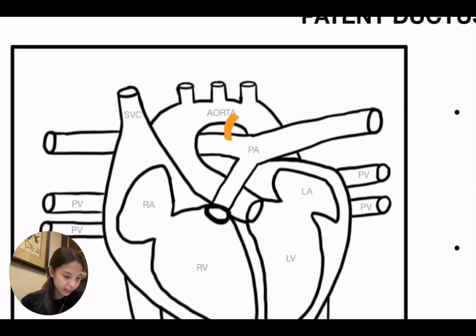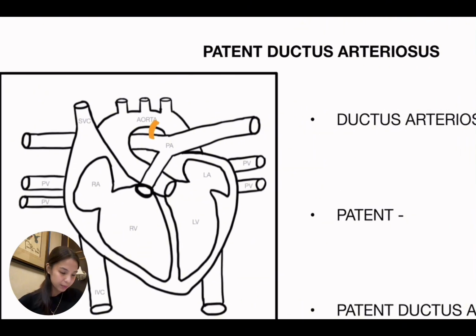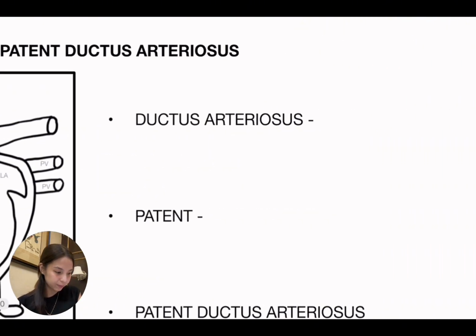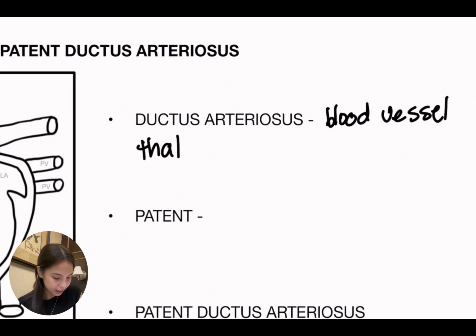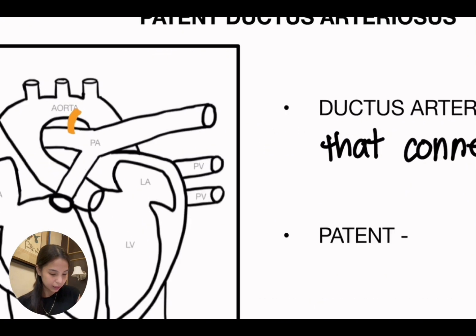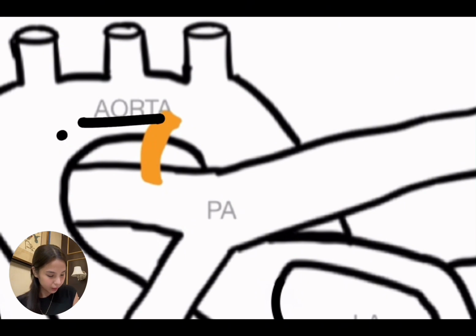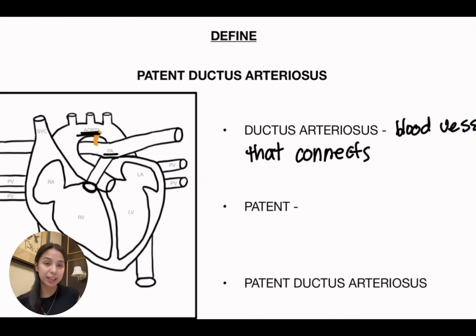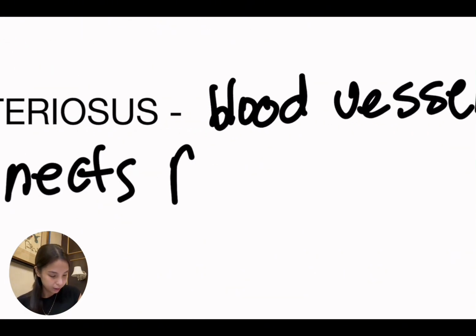So this over here in orange, that is our ductus arteriosus. The ductus arteriosus is a blood vessel that connects. What does it connect? Our aorta and our pulmonary artery together.